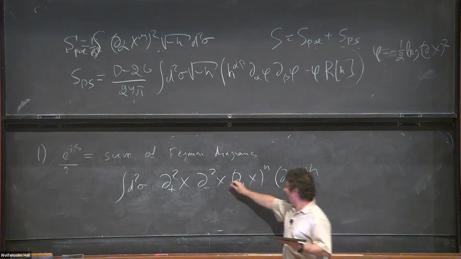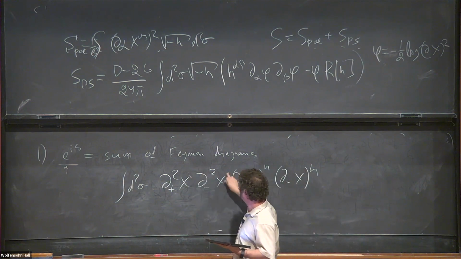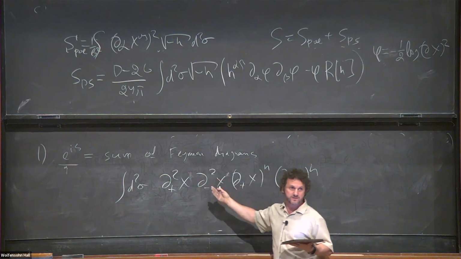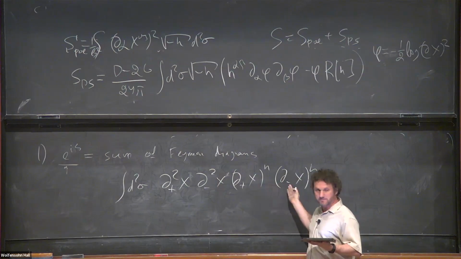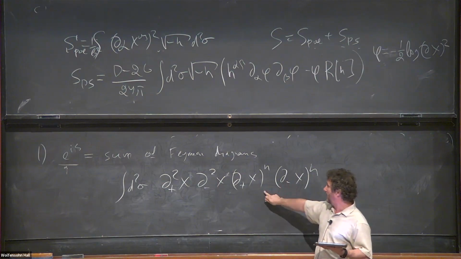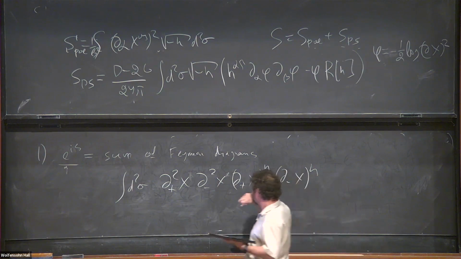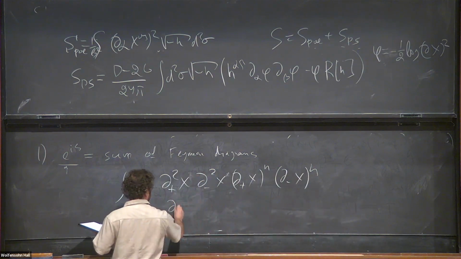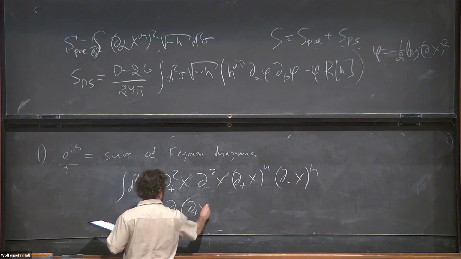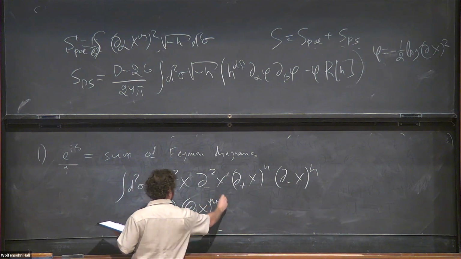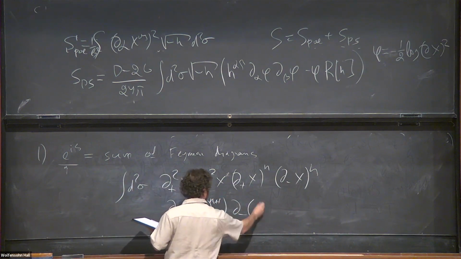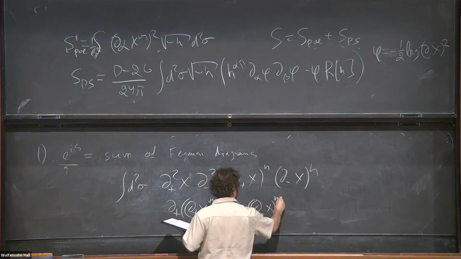If these x's carry some flavor indices, as happens at d larger than 3, then this may be non-trivial on shell. But if there is a single flavor, as in three dimensions, then what's written here is the same as d plus of d plus x to the n plus 1, d minus of d minus x to the n plus 1.